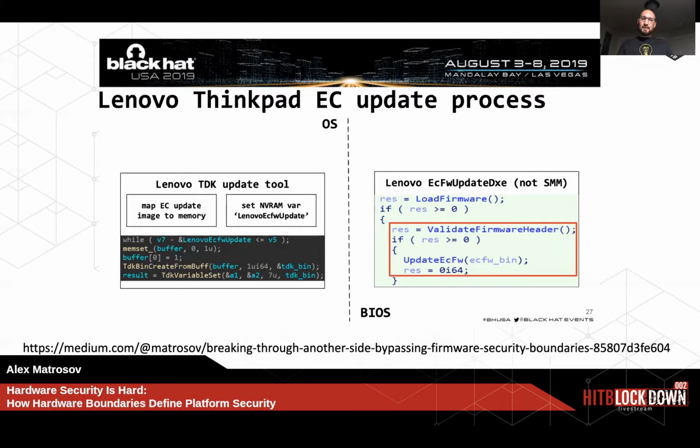We have an update tool which is based on the generic Lenovo TDK update tool. The embedded controller update image is mapped to memory, and we set a particular Lenovo EC firmware update variable in NVRAM. After the NVRAM variable is set, the firmware starts the update process on its side.